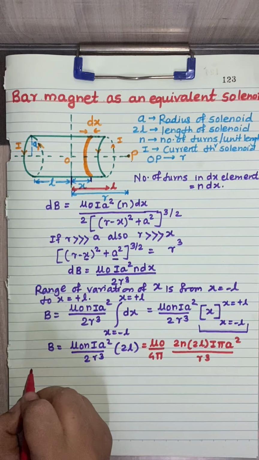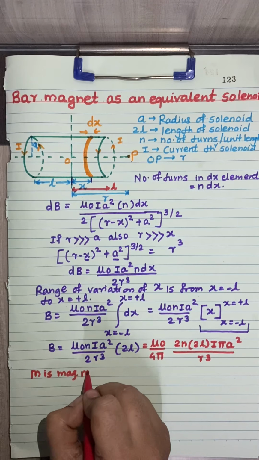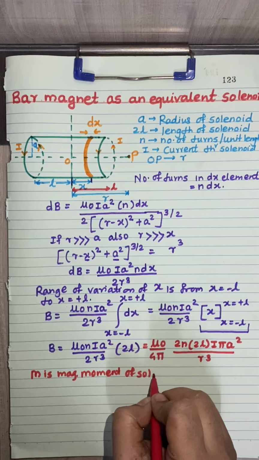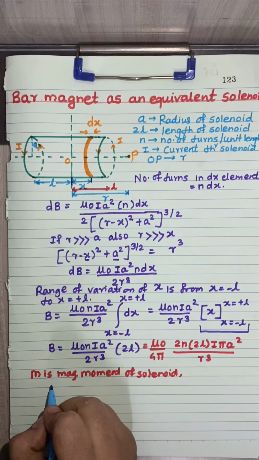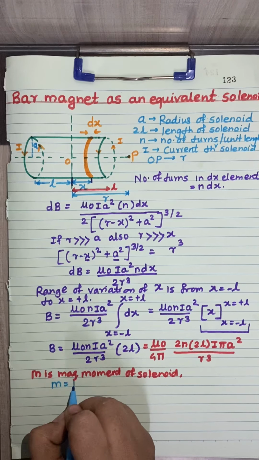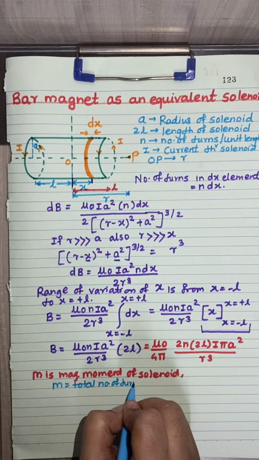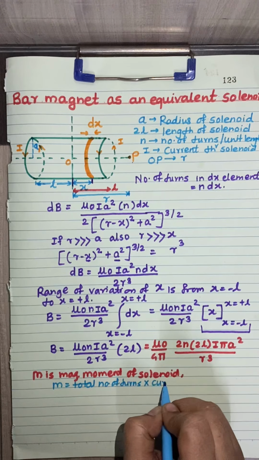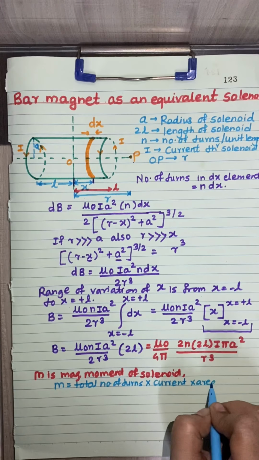So I'll write down here, if m is magnetic moment of solenoid, then I can write down the magnetic moment m is equal to total number of turns, this is n, multiplied by I current, and the area of cross section, this is nothing but A.